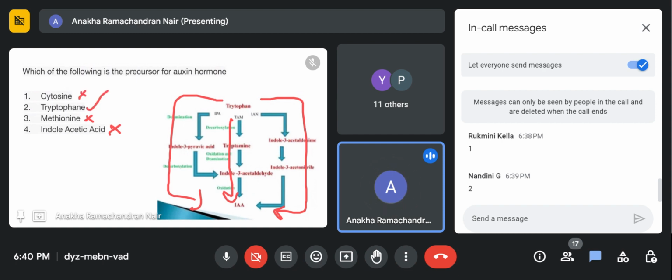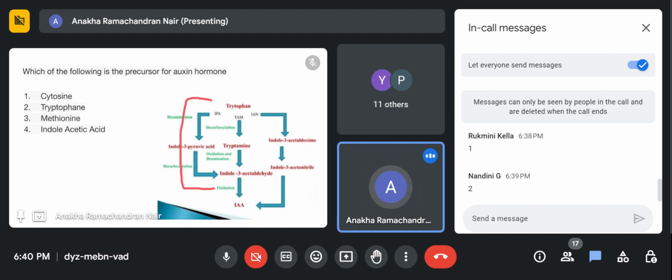So there are three pathways: the IPA pathway that you can see here, where tryptophan is converted to indole 3 pyruvic acid, then indole 3 acetaldehyde, and then finally indole 3 acetic acid.